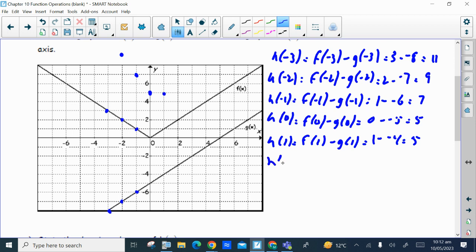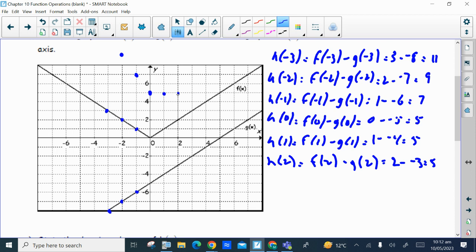H at 2 would be f at 2 minus g at 2. F at 2 is 2, minus g at 2 is -3, and that is also 5.